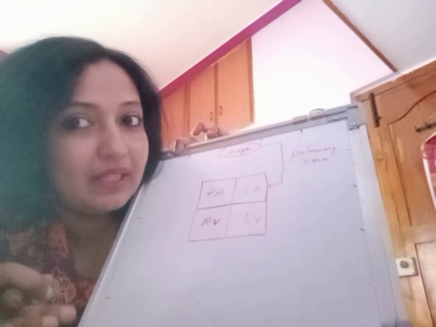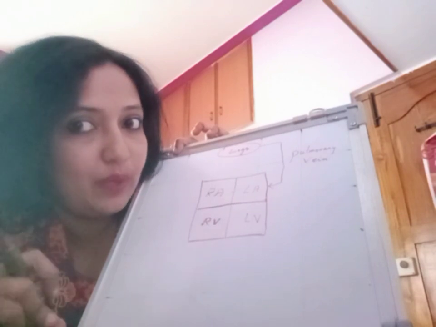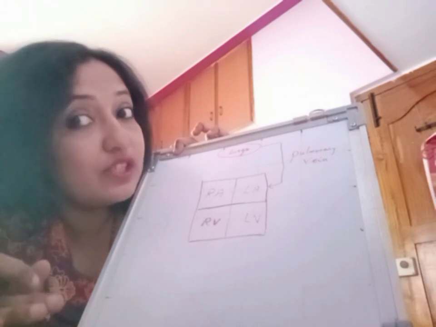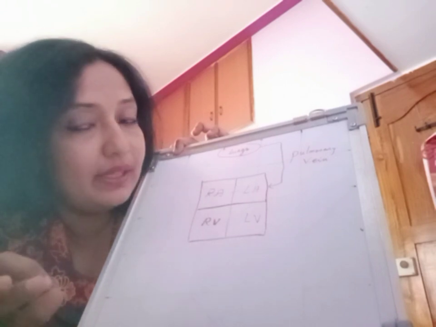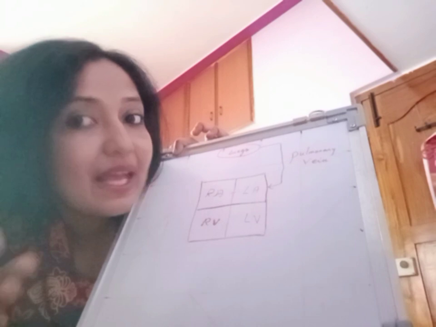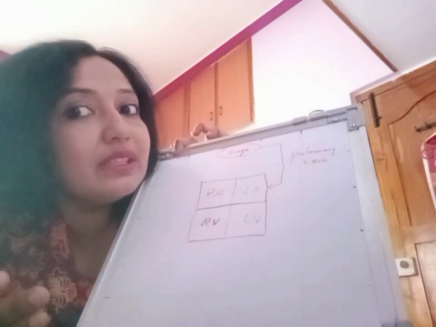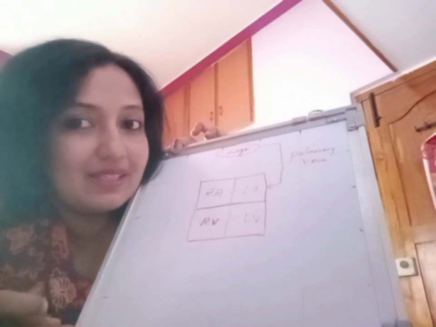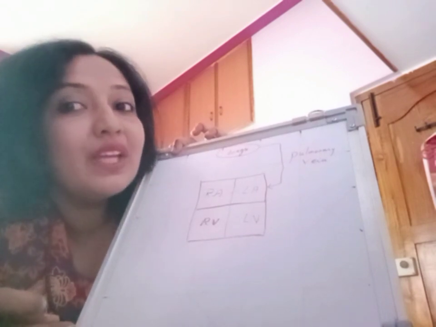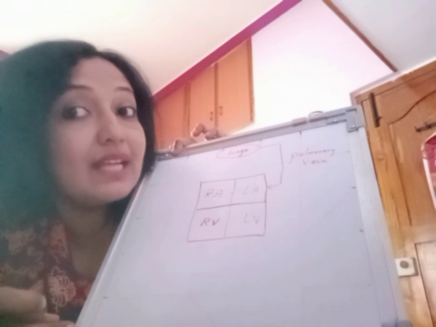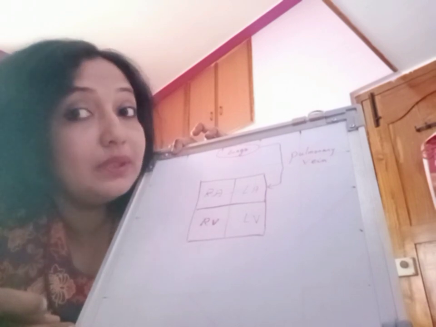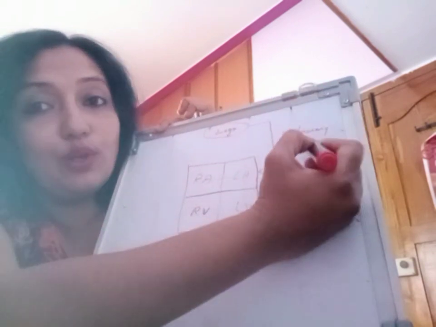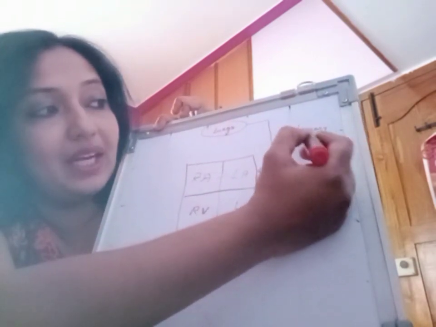It is only one big vein which carries oxygenated blood. Don't get confused between the other veins and the pulmonary vein. Other veins carry deoxygenated blood, whereas the pulmonary vein carries oxygenated blood from the lungs to the left atrium. This is the role of the pulmonary vein.